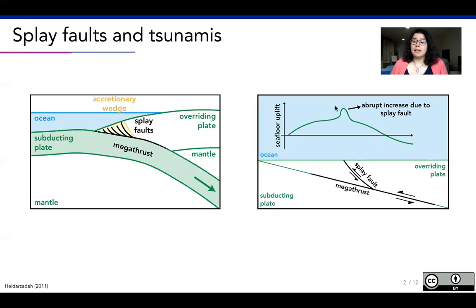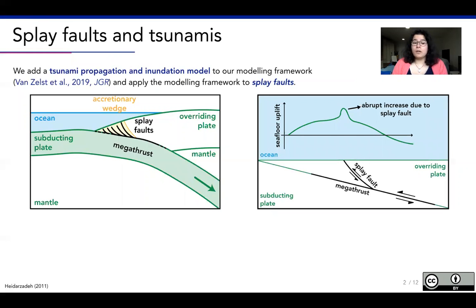You would get a larger seafloor uplift due to slip on the splay fault. And this means, since there is water on top of the seafloor, that you get a tsunami with a higher peak. So therefore, the theory is that splay faults are quite important in tsunami generation.